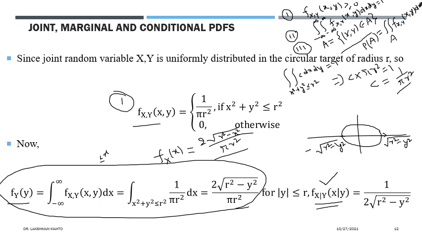So the conditional density is uniformly distributed. The marginal density of x is not uniformly distributed, because it is a function of x. But in the conditional density it is not a function of x, it is constant with respect to x. So the conditional random variable is uniformly distributed here.